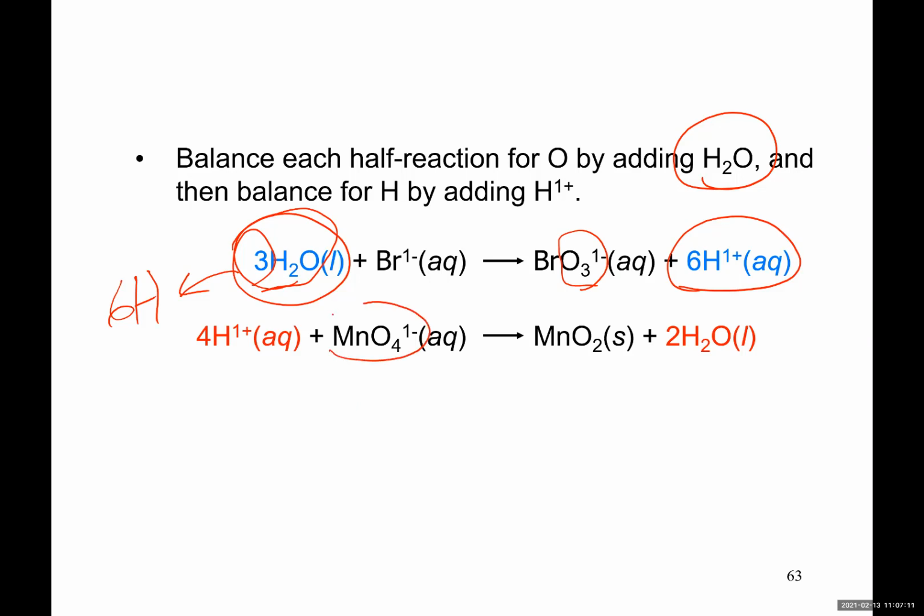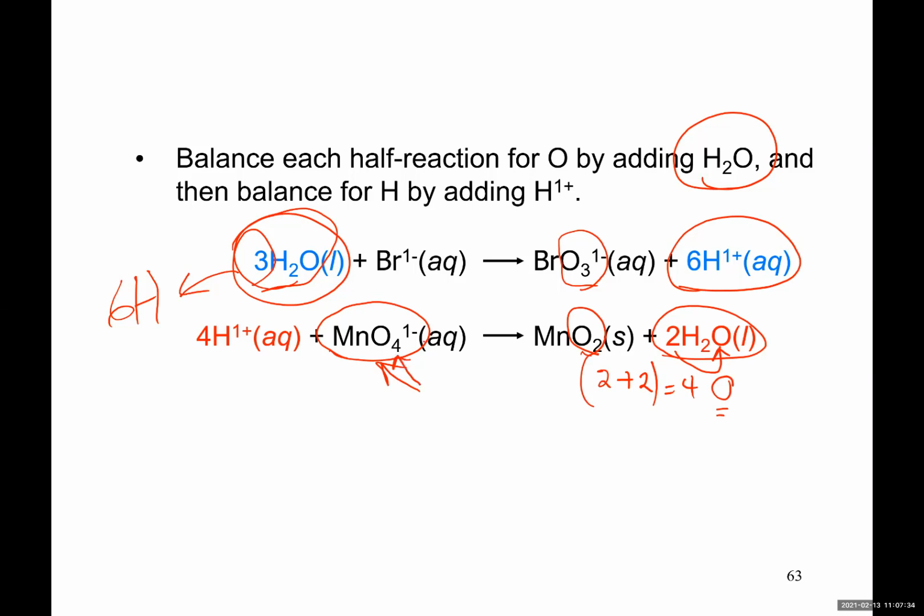And in this case, I have 4 oxygens on the left, 2 oxygens on the right. I add 2 water. Every water is bringing 1 oxygen, 2 water molecules, 2 oxygens. So I have got 2 plus 2, 4 oxygens on the right, and I have 4 oxygens on the left.